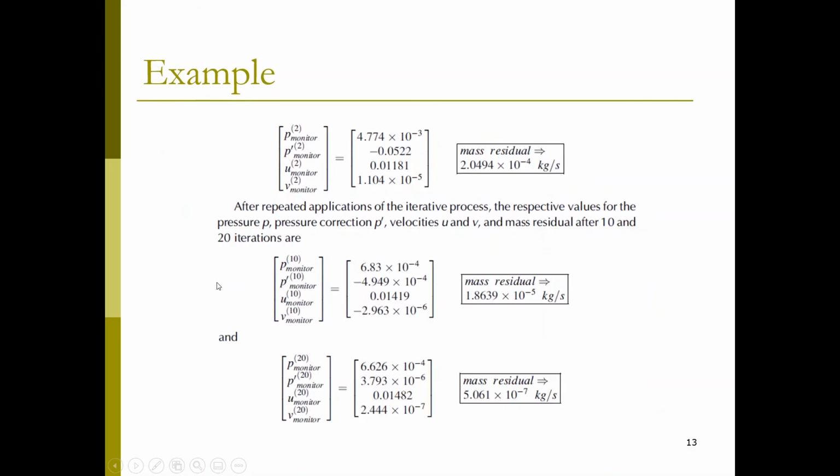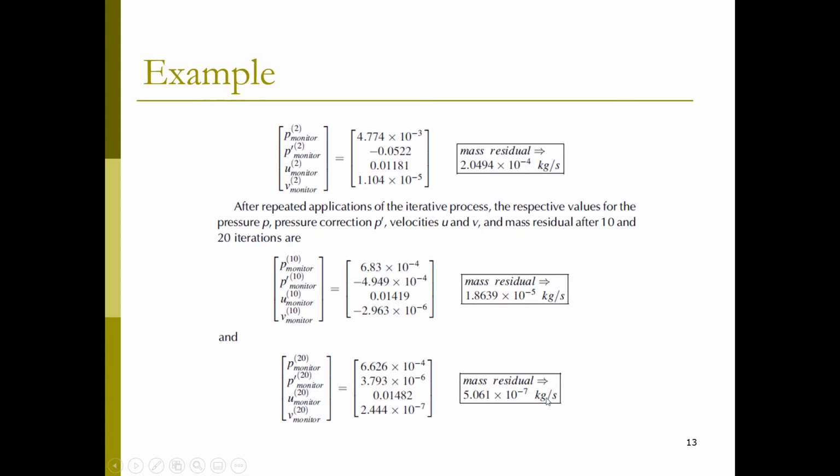By doing these iterations and repeating the same thing from step 1 to step 3 until 20 iterations, we can see that the mass residuals decrease to a very small value. So we can say that this value is quite close to zero already.